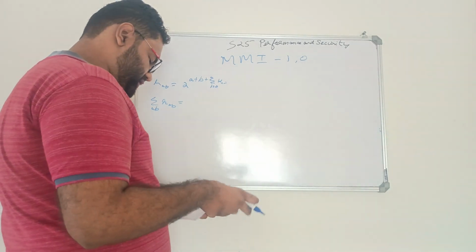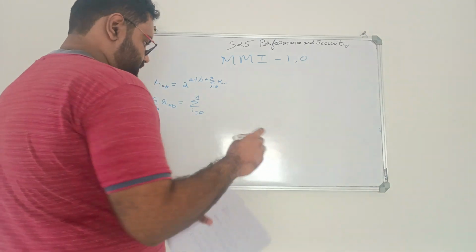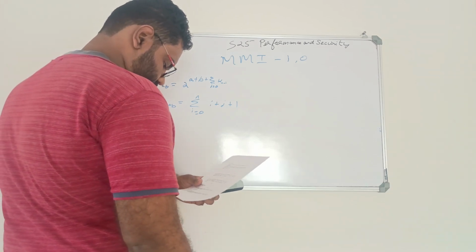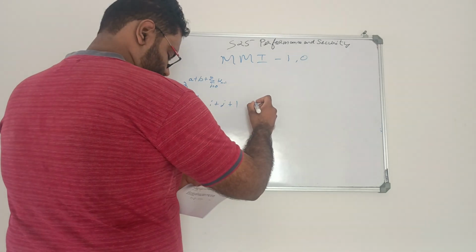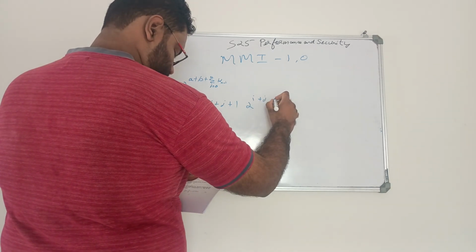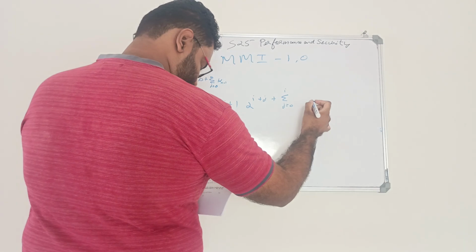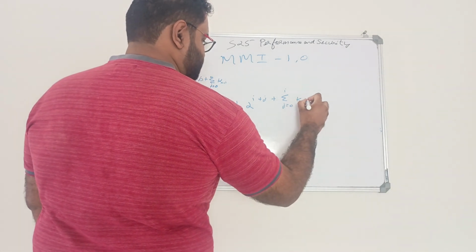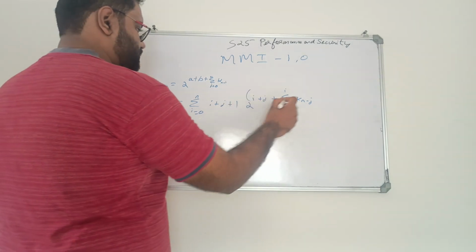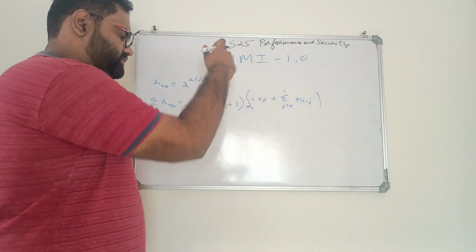So the summation of RAB is going to be the summation of, let's say, i equal to 0 to n, i plus j plus 1, 2 to the power i plus j, plus the summation of j equal to 0 till i, kn minus j. i and j are the start and end positions.